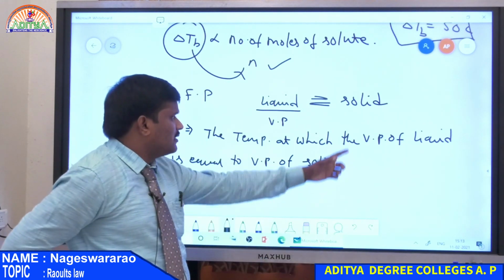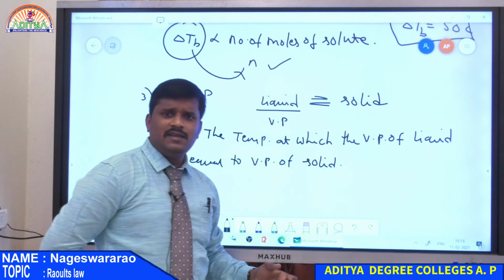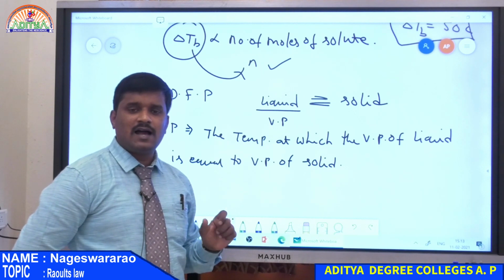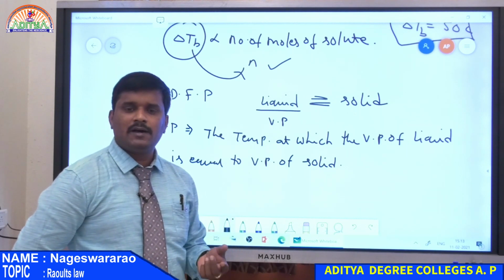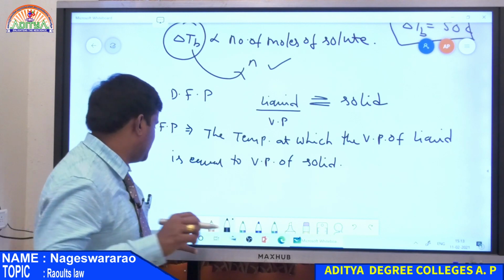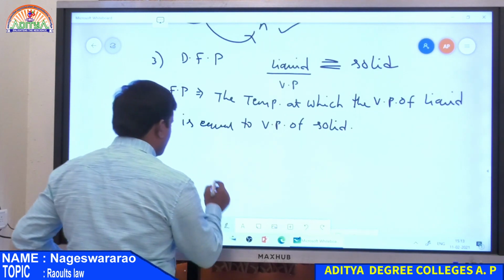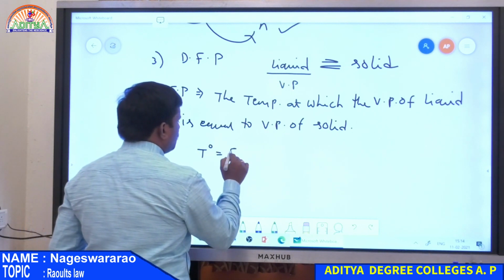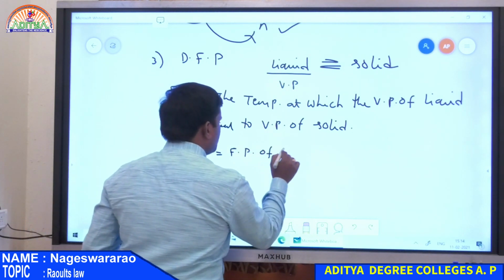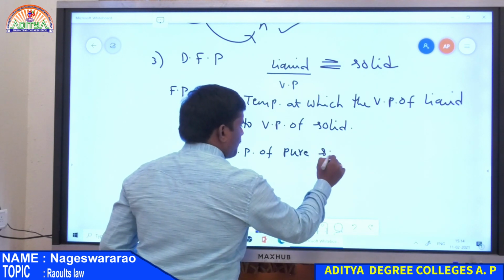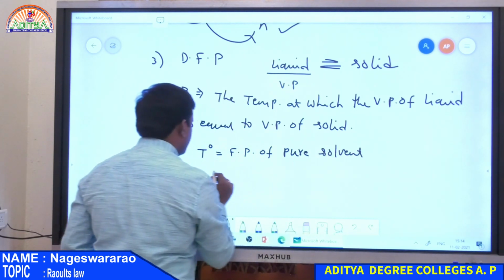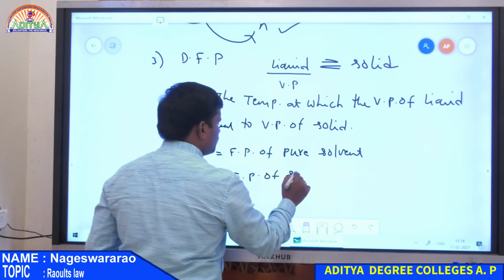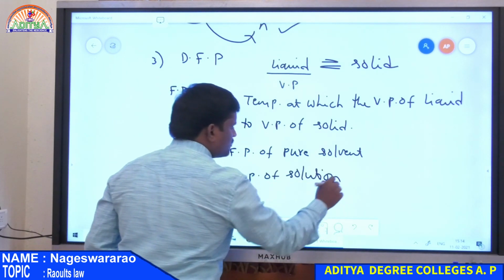Similarly, the vapor pressure of a solid is nearly equal to 0. Therefore, a pure solvent always has a high freezing point compared to the solution. Suppose T naught is the freezing point of the pure solvent and Ts is the freezing point of the solution, then which is more?